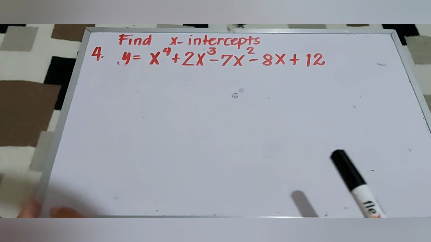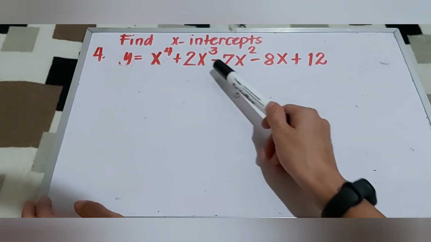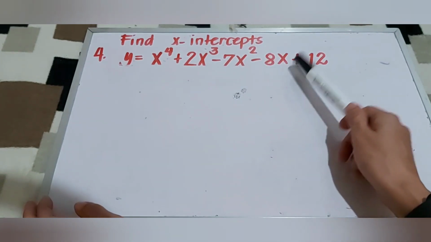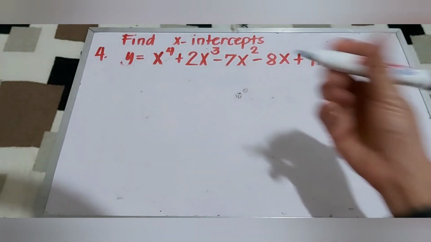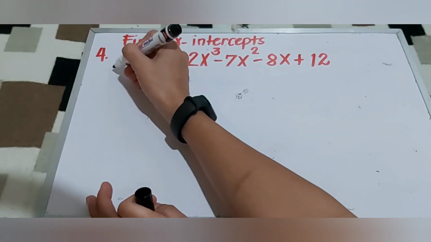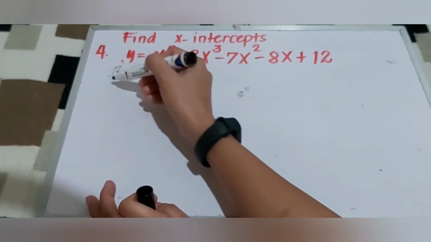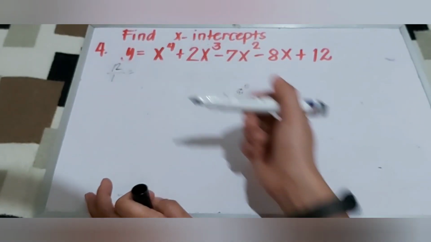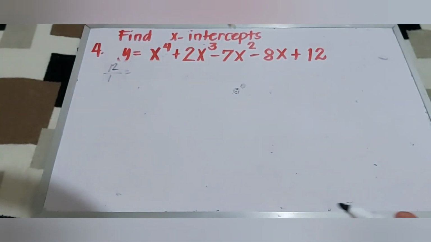Let's find the x-intercepts of this function, x raised to 4 plus 2x cubed minus 7x squared minus 8x plus 12. Again, kunin natin kung ano yung mga possible roots natin. So, factors of 12 over factors of the leading coefficient, 1. So, ano yung mga factors ng 12 and 1? So, whole number siya kasi 1 na ang nasa denominator.